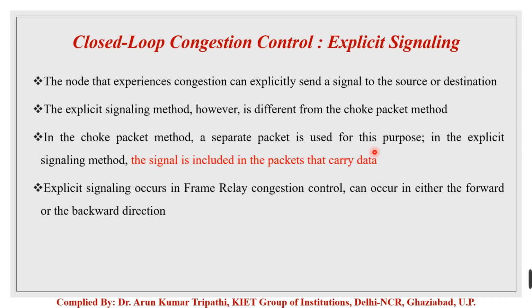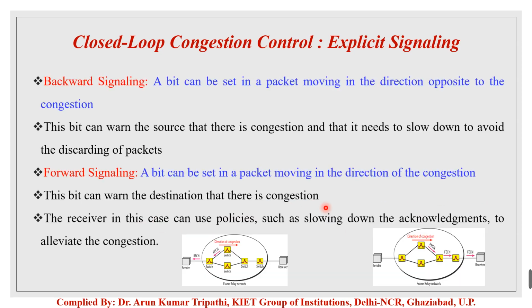During transmission from source to destination or destination to source, an extra bit is attached or enabled by the router: yes, I am feeling congestion. Explicit signaling, as used in frame relay congestion control, can occur in either the forward or backward direction.